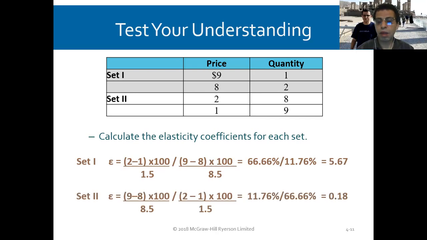So have you noticed this? The reason the change happens is here it became a 100% increase when you lowered $1, 100% increase here from 1 to 2, because it's 5.67. Here, because the elasticity coefficient is only 0.18, even if you reduce $1, you're not going to increase the demand by much more than only 1 unit.